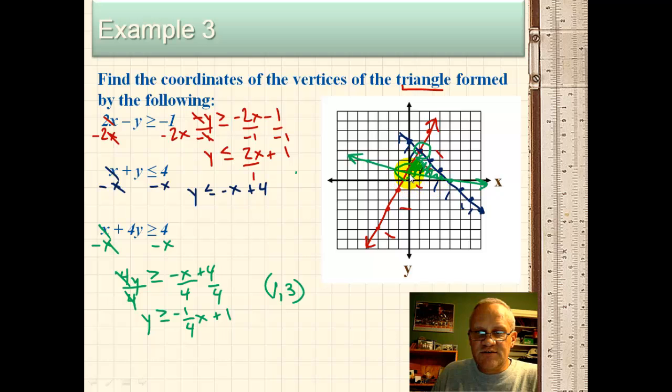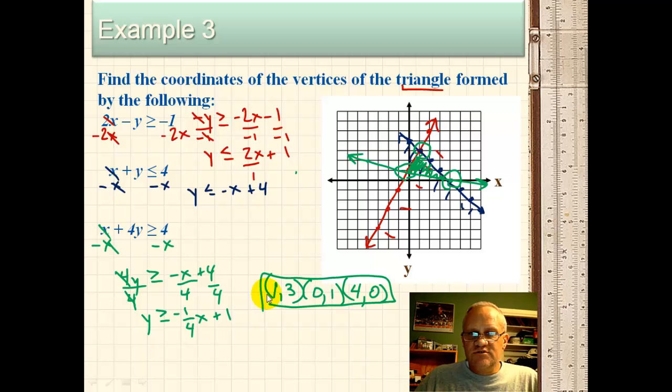So that's 0 for x and 1 for y. So 0, 1. And then the other one is right here. That's 1, 2, 3, 4 for x and 0 for y. So 4, 0. And so our 3 vertices, or the corners of that triangle, are 1, 3, 0, 1, and 4, 0.